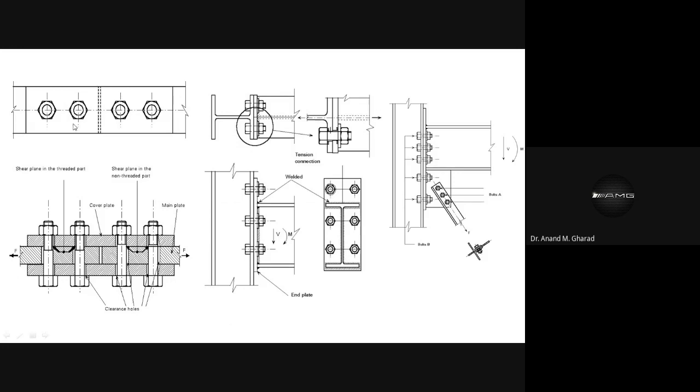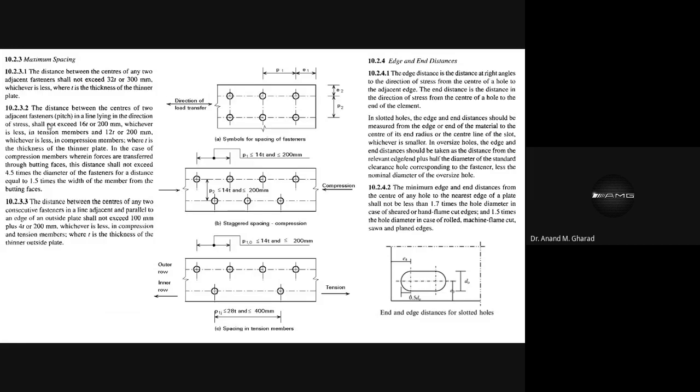Otherwise we cannot keep the bolted connection in any haphazard manner. There should be a standard guideline based on which the center to center distance should be defined. That is known as the spacing. So the maximum spacing criterion is mentioned.